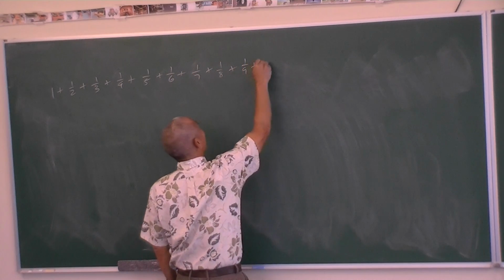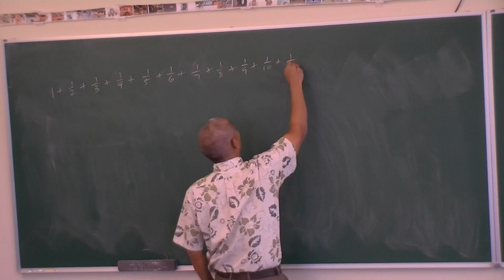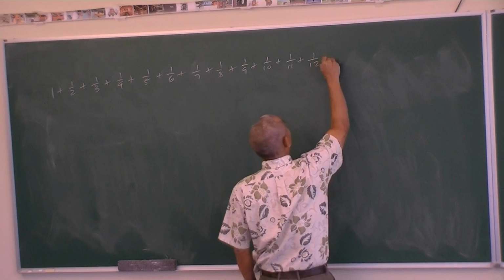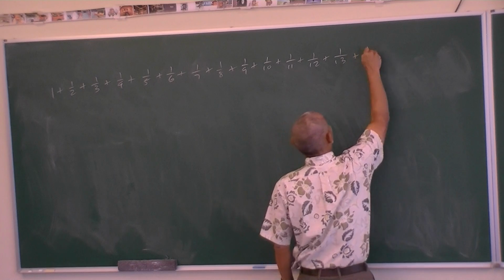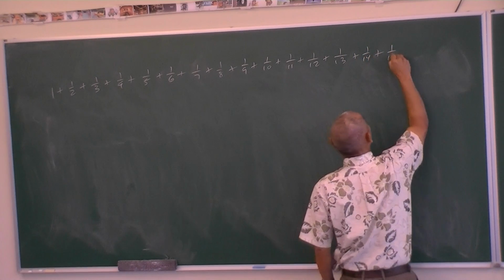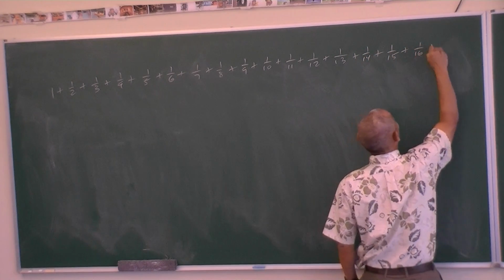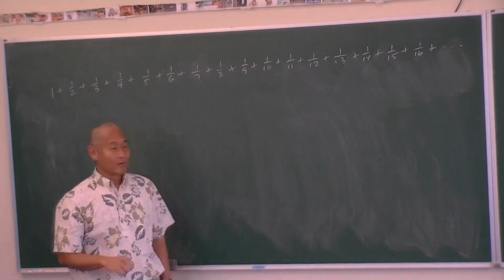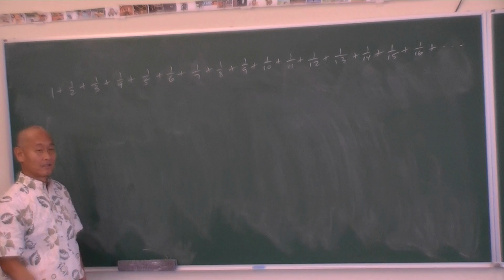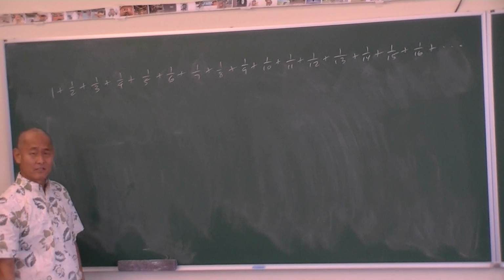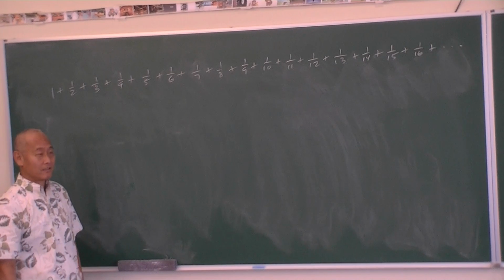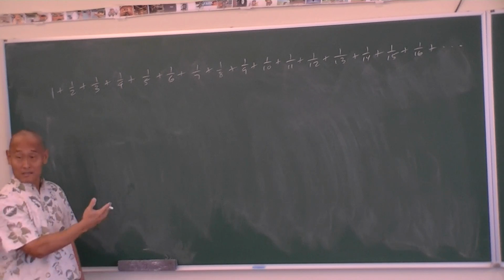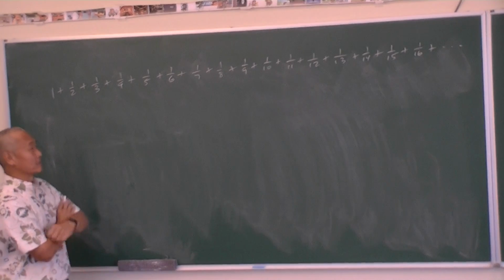If I were to keep adding this, by the way, this is called the harmonic series. If I keep on adding these numbers forever, what do I get? Anybody want to take a guess? Natural log 0 is undefined. Okay, it was period 6 then. 2.